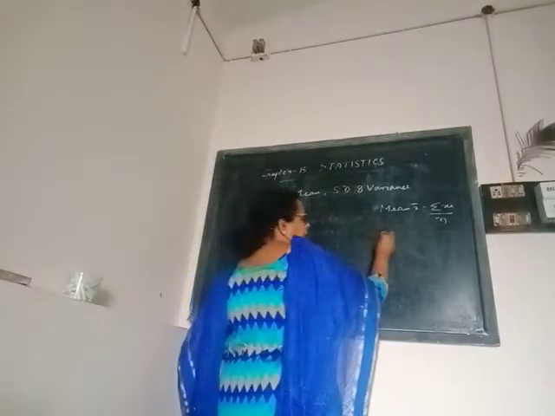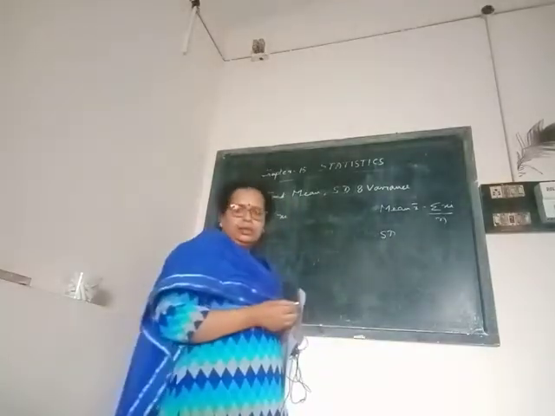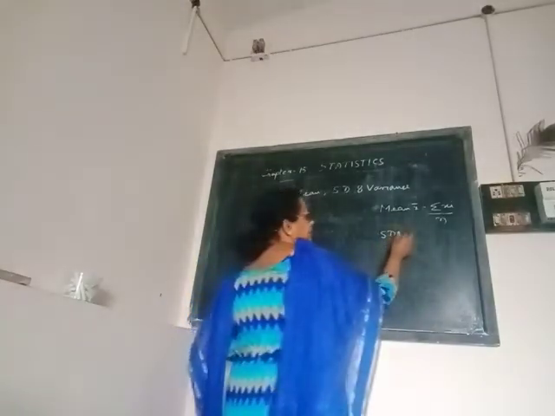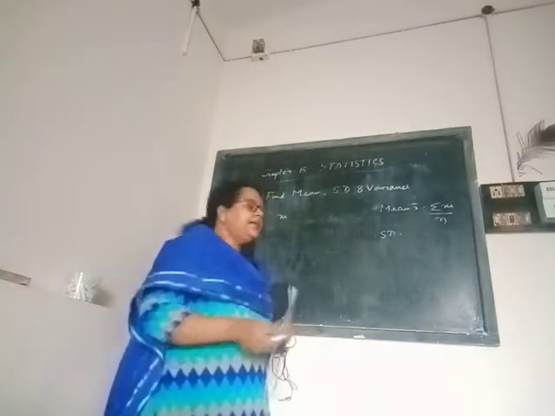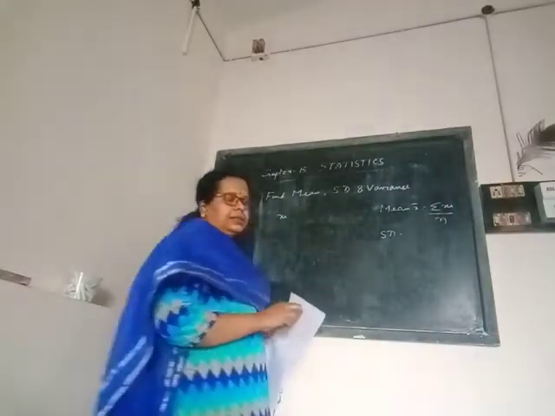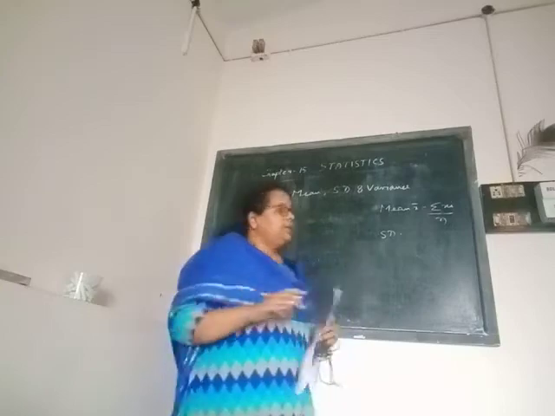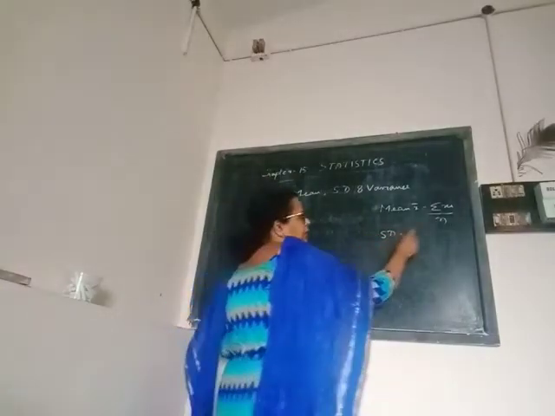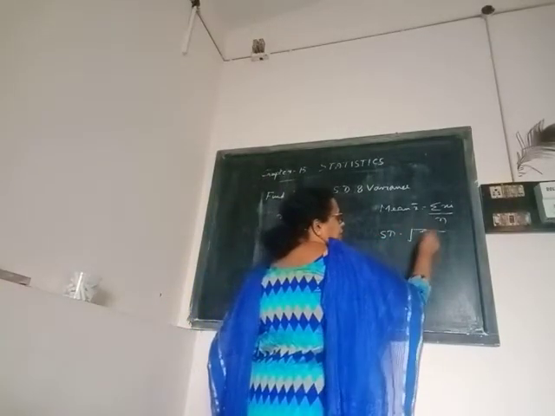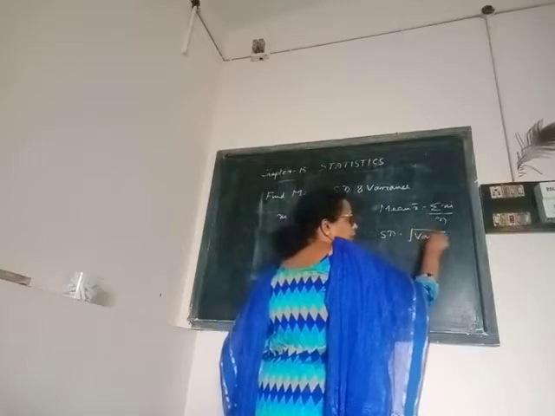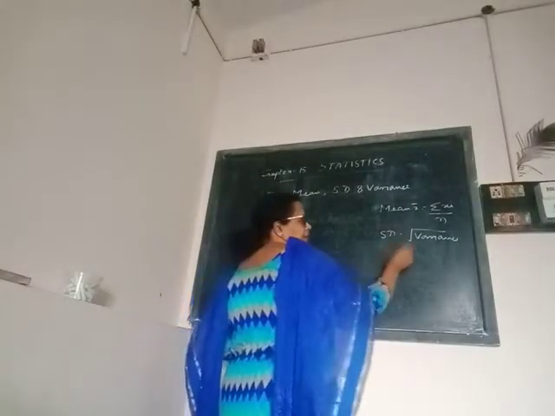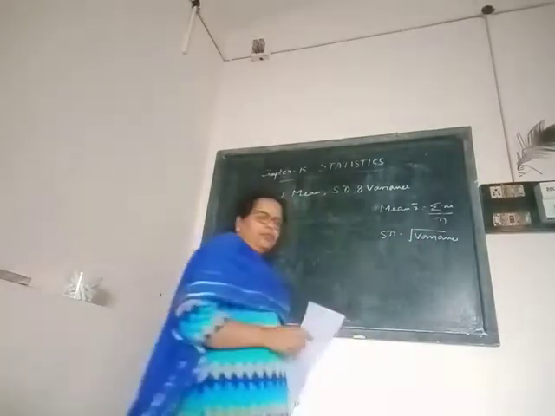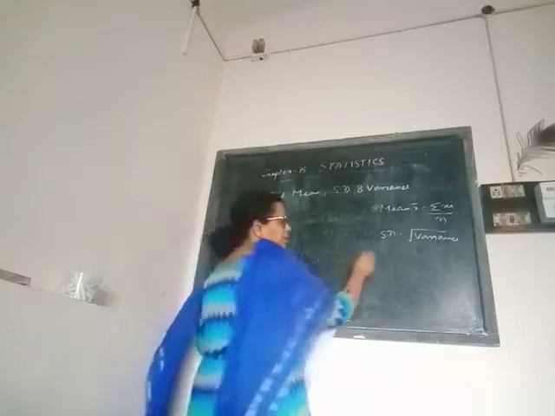And what is standard deviation? Standard deviation is how the observations vary from this mean. Standard deviation is root of variance, or we can say variance is square of standard deviation.